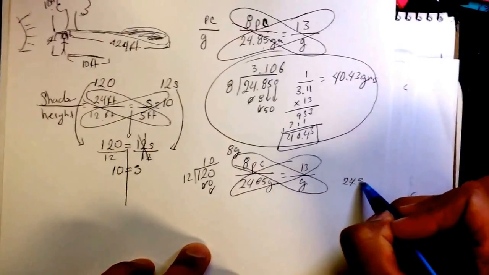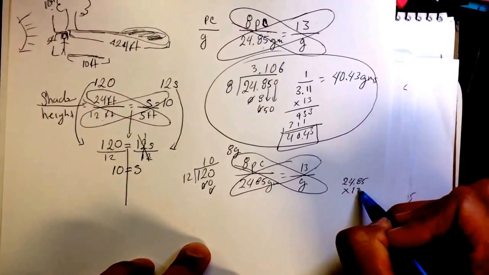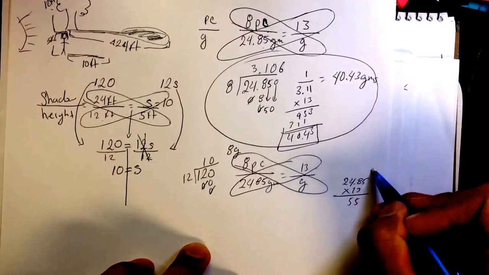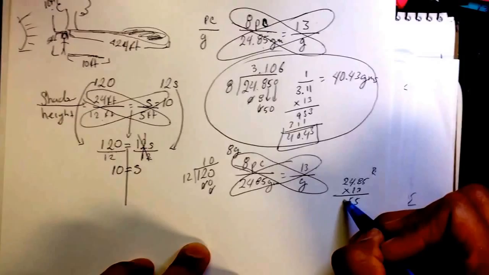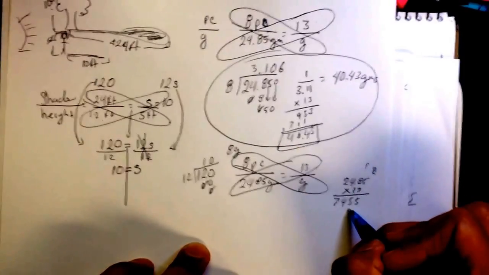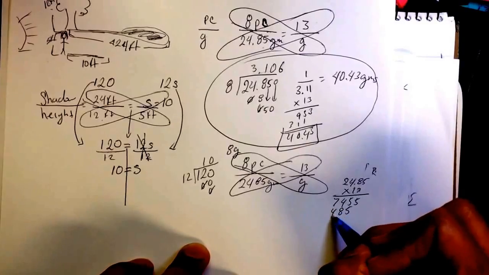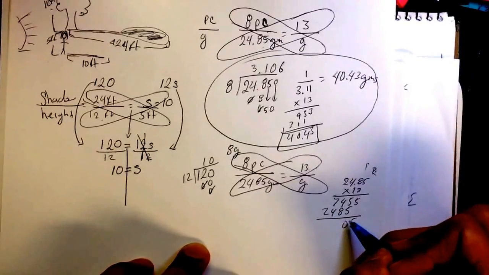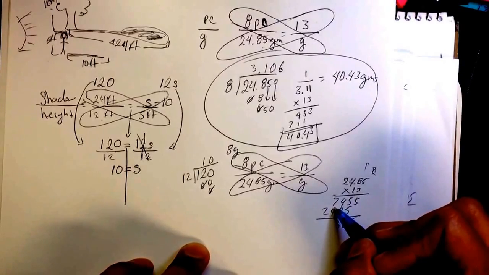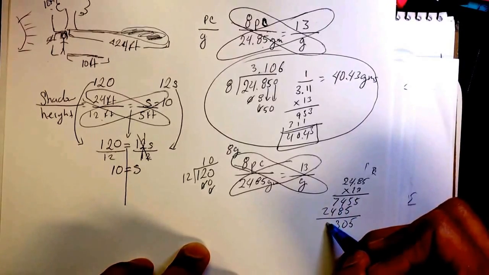So 2485 times 13, that's 15 goes 1, 24, 25, 2, 12, 14 goes 1, that's 7. And then 5, 8, 4, 2, 5, 0 goes 1, that's 13 goes 1. What? It's 12.